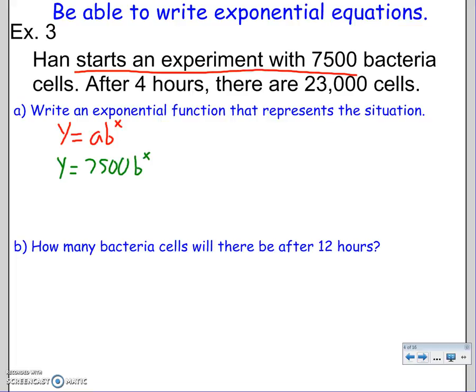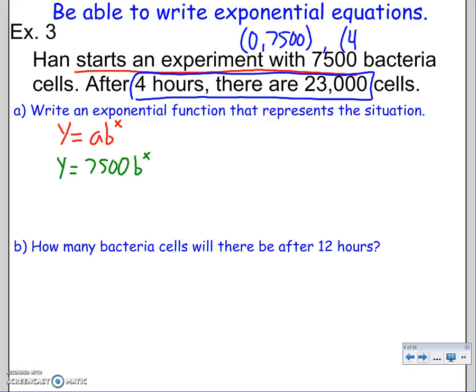Now notice we're missing b. We're going to have to find it, so we find it by using another point. It says after 4 hours there's 23,000 cells. Our first point is 0, 7,500. That's how much we start with at time 0. And we have another point at time 4 hours in, we're at 23,000.